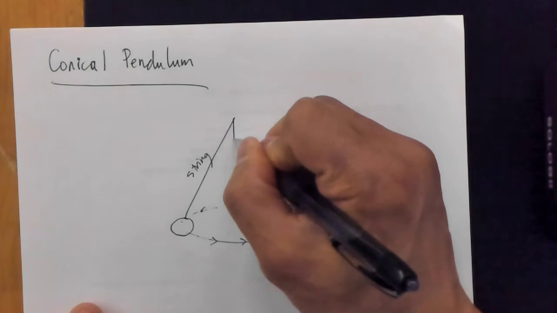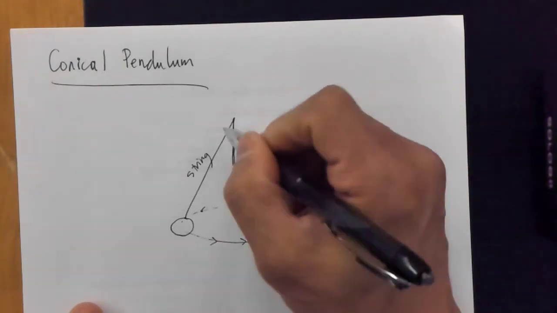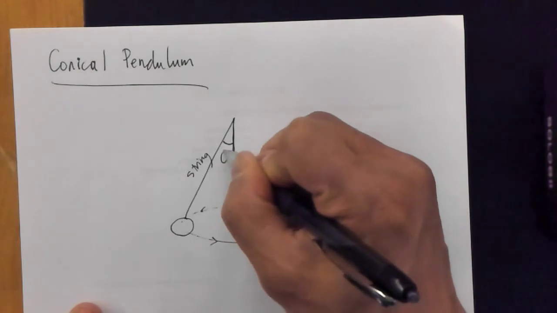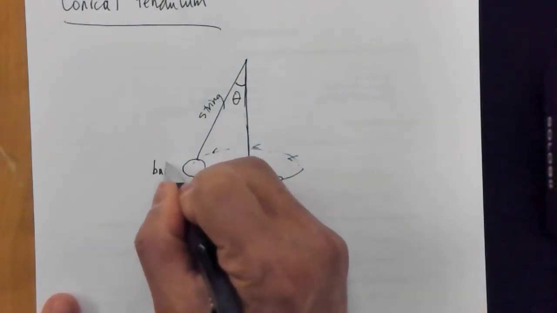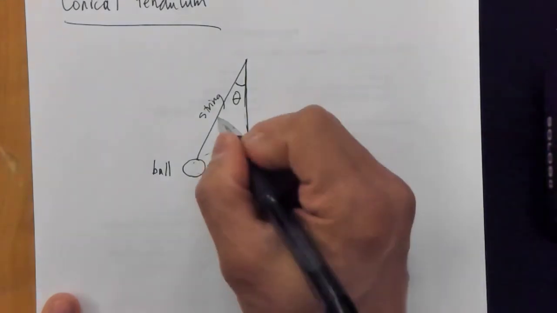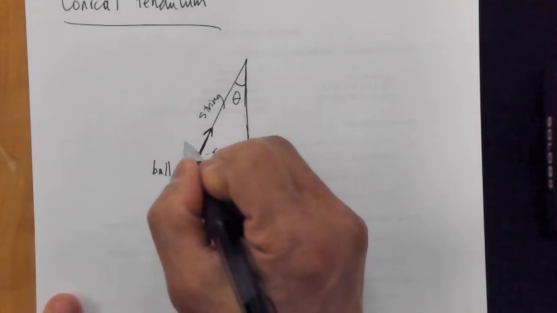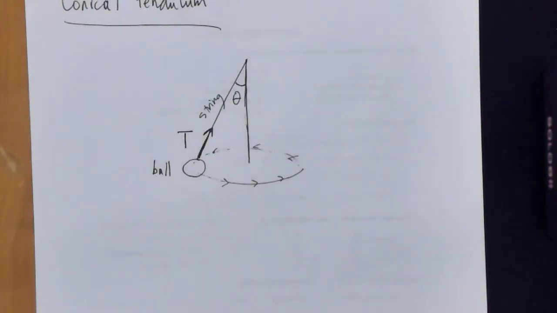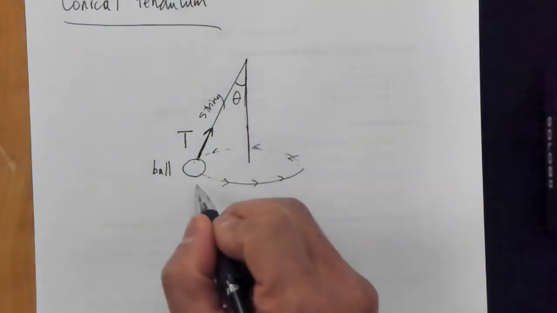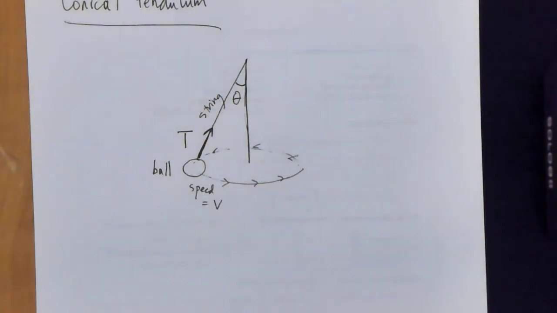And so I can draw a vertical line to the center of the circle, and I can call this angle theta. Okay, so here is my ball. Here is the string, so there's some tension, T. And let's say its speed is equal to v, and it's going in uniform circular motion around the circle.